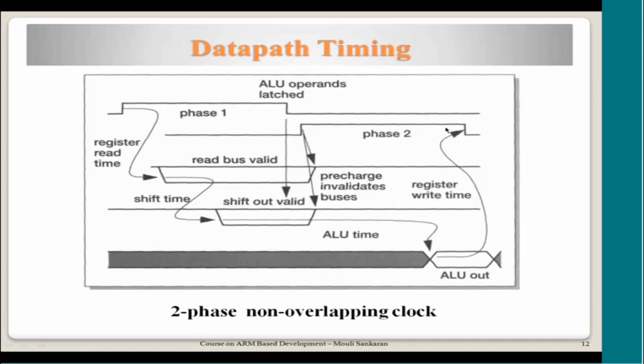During that time phase 2 is active, and the register which is supposed to read the output coming from the ALU is open and the result gets written into that register. So from the start of the time to the end of the time, the operands are made available to the ALU, and the RM operand can go through the barrel shifter and that's also made available to the ALU, and the ALU performs the operation during this gap, and when the result is available before the end of phase 2, it gets latched. So all these operations get performed in one cycle.